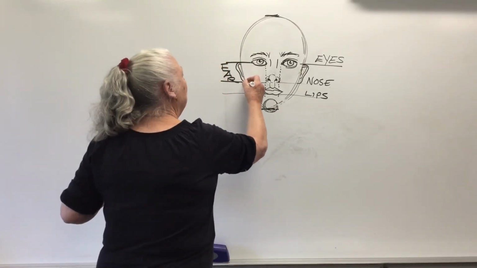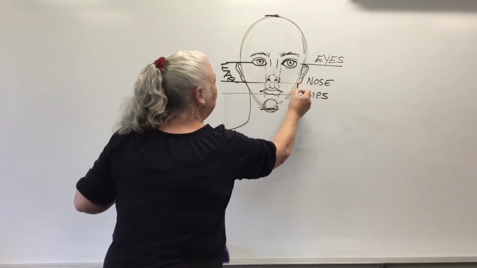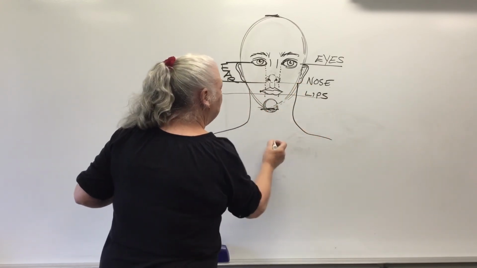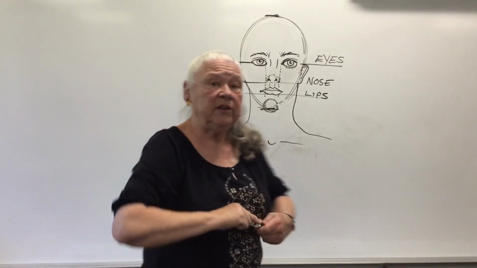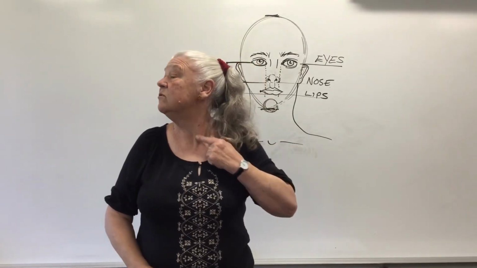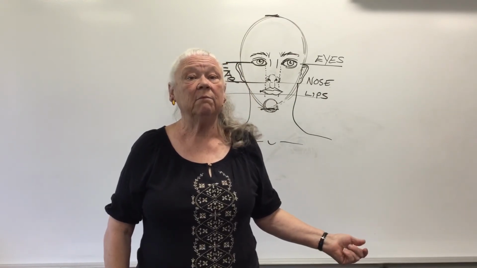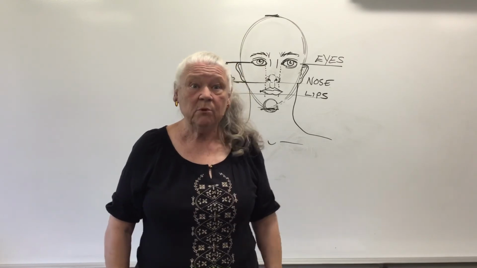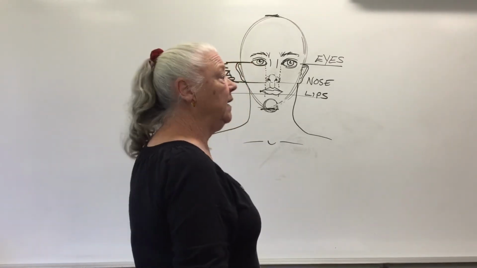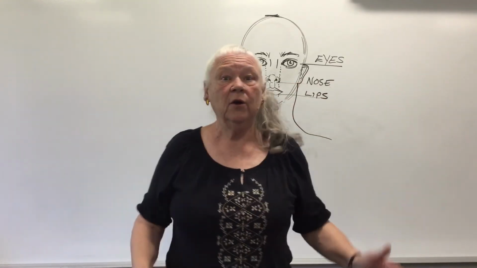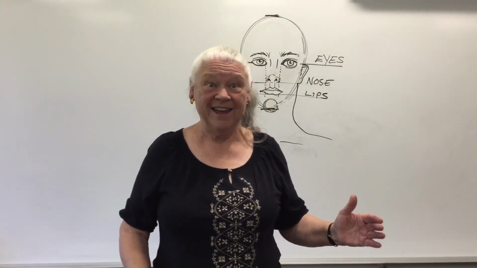So our neck comes down this way, and here's the clavicle or collarbone. The muscle is quite a long muscle, this one right here, and it's called the sternomastoid muscle. And it's really important because if we didn't have it, we'd have to turn our whole body to look over here rather than turning our head, okay?